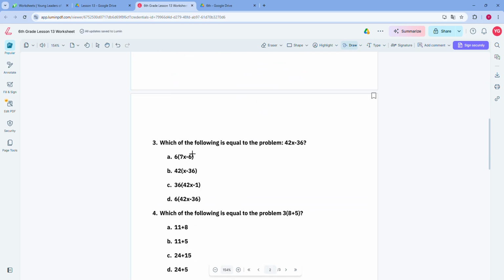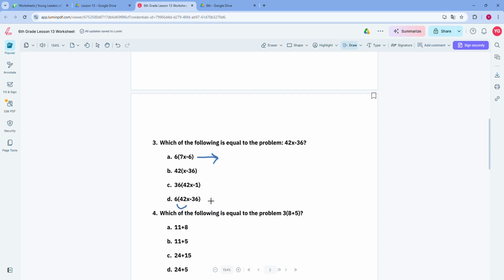Number 3 is asking which of the following is equal to the problem 42x minus 36. And once again, I can just grab the first answer to try out, but we can look at the other answers and eliminate all of the options that are probably not possible, like 6 times 42.